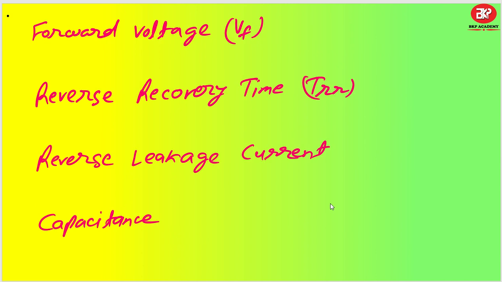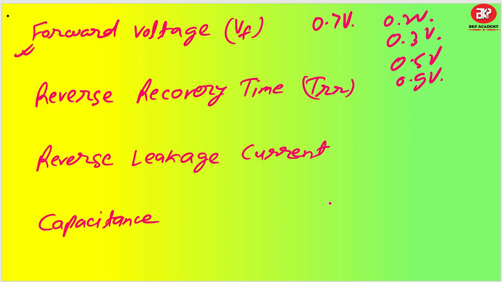Some more parameters are forward voltage drop. So let us see what the forward voltage drop is. Generally you would have heard of 0.7 volt as the forward voltage drop, but these days diodes are coming with 0.2 volt drop, 0.3 volt drop, 0.5 volt drop, 0.9 volt drop, also 1 volt drop, also 1.2 volt, 1.7 volt. So all these voltage drop diodes are available.